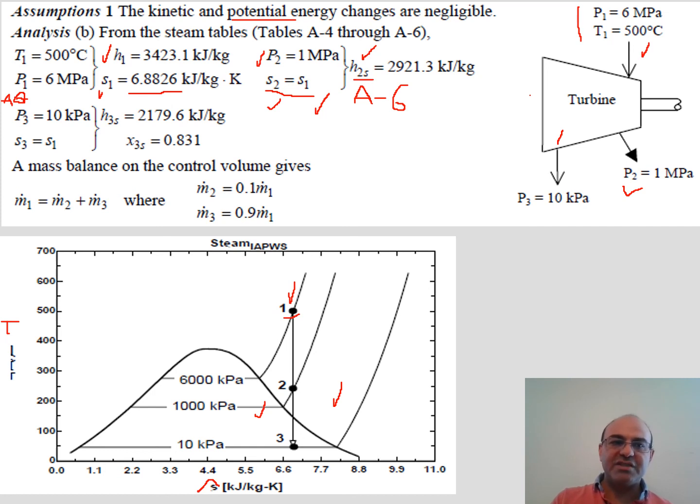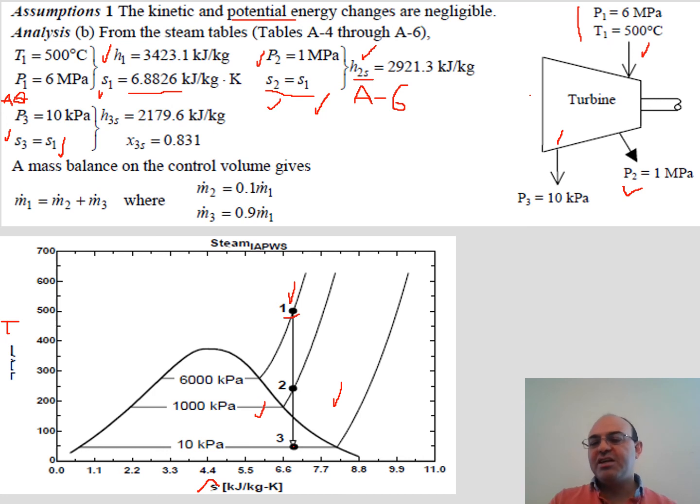Then we move to state 3. For state 3, the pressure is known. P3 is known, 10 kilopascals. And again, S3 is equal to S2 equal to S1, based on the isentropic assumption.